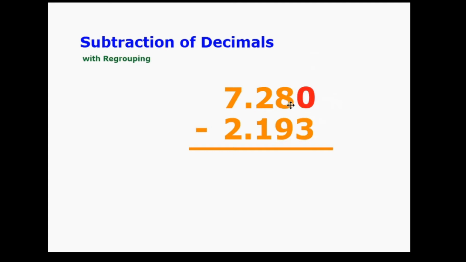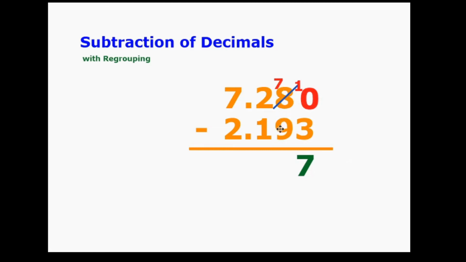Therefore, in borrowing, 8 will become 7 and 0 will become 10. Take note that the borrower will always have plus 10 to its original digit. So there we have 10 minus 3. We can subtract them now, which will give us 7.